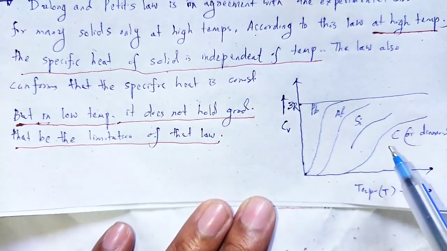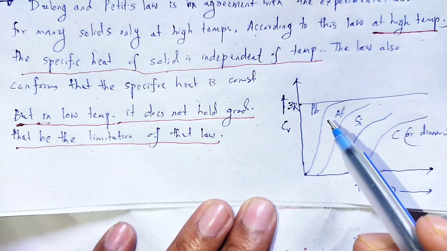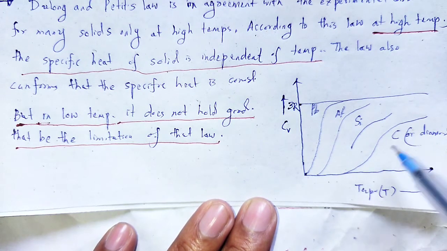So for diamond, Dulong and Petit's law fails badly.